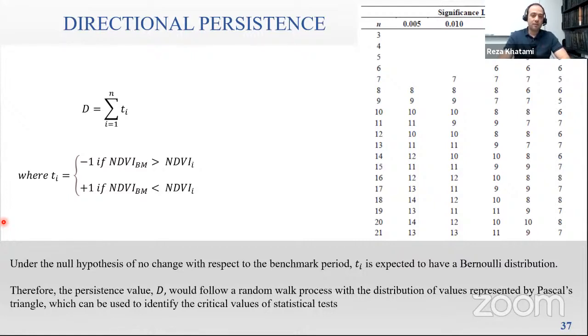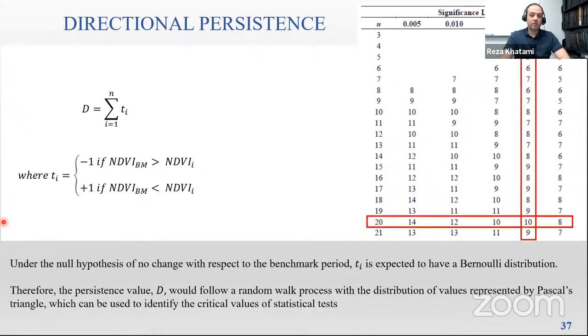So for example, if after the baseline period we have 20 years of observations, any persistent value larger than +10 or smaller than -10 would be statistically significant at a significance level of 0.05.